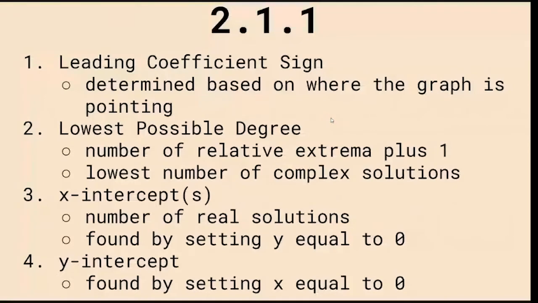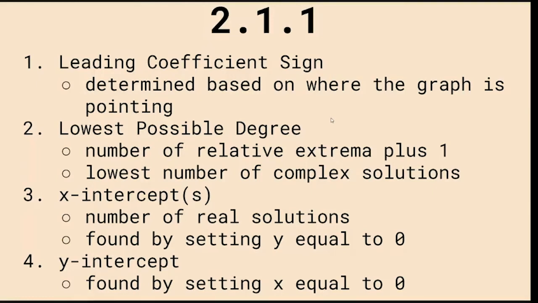But here is the breakdown of what's going on in this unit. There's 4 things that we're going to analyze with these graphs. The leading coefficient, so whether it's pointing up or pointing down, it's either positive or negative. The lowest possible degree: if you remember, the number of extrema plus 1 tells you the degree. So if it's x squared, there should be 1 extrema because you minus 1 from it. There's 1 turning point, you add 1 to it to know that it's squared.